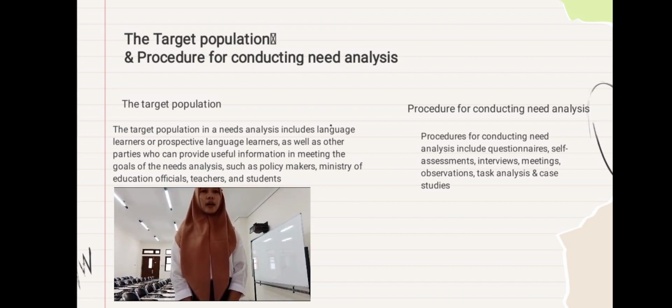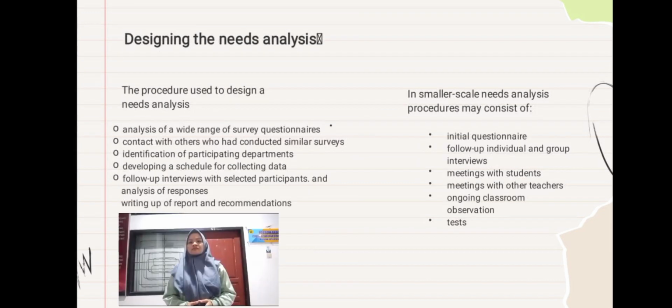Number two, procedures for conducting needs analysis include questionnaires, self-assessment, interviews, meetings, observation, and text analysis. Each method has its own advantages and disadvantages, and choosing the right method is very important to get accurate and relevant information.